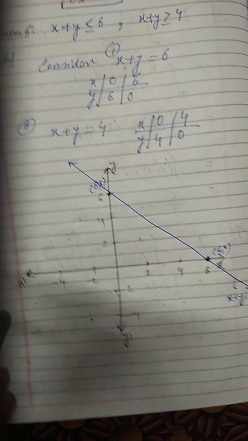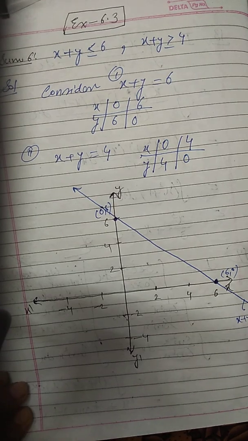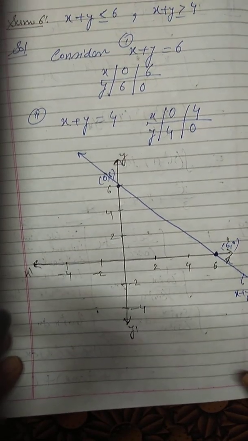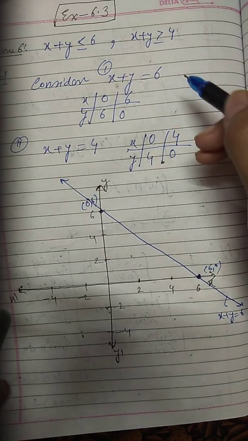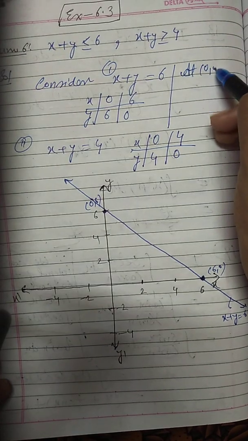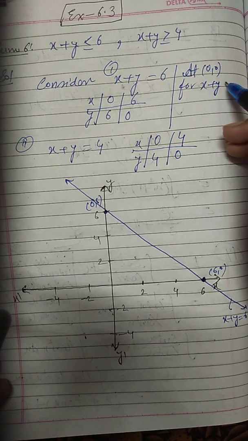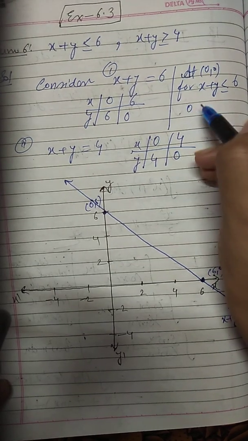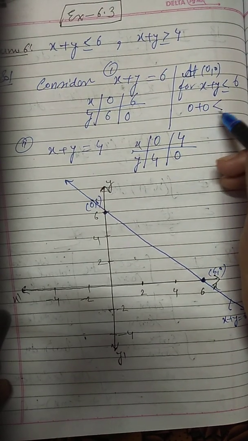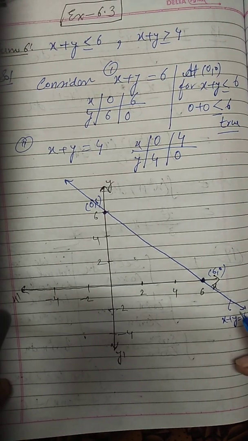Now before going to the other line, let us check for this inequality whether the solution is towards the origin or away from origin. When I check at 0, 0 for the inequality x plus y less than or equal to 6, when we put in the 0, 0 point, 0 is less than or equal to 6, which is true.